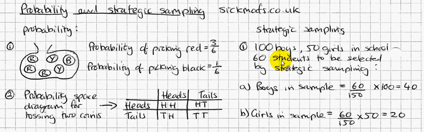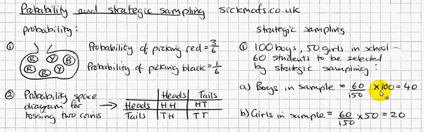Now if I want to know the number of boys and the number of girls that should be in my sample, it's very easy. I've got the number of boys here and the number of girls there, and if I have 2/5 of the number of boys and 2/5 of the number of girls together, I'll have the right amount of boys and girls in my sample. So to work out 60 out of 150 of my 100, I just times them together.